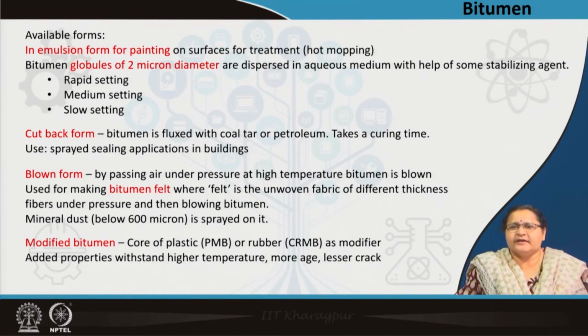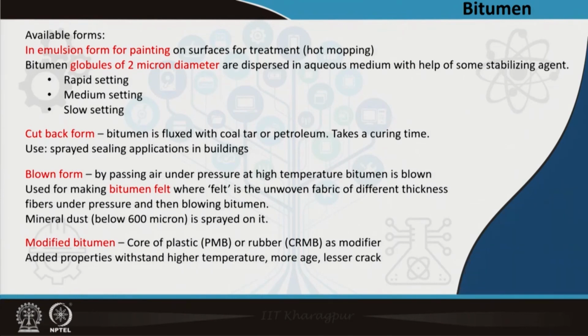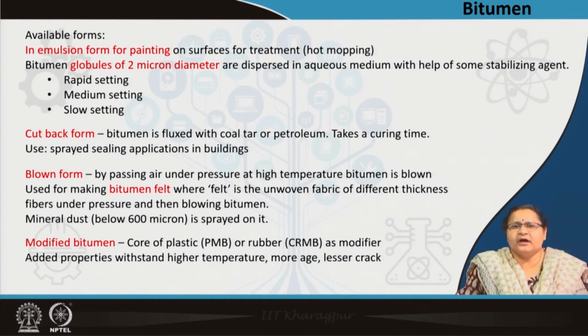It is modifying its capability to withstand higher temperature. It gets more age, it experiences lesser cracks. These are used mostly on roofs or maybe on road surfaces, where it is continuously exposed to high temperature. So, that is modified bitumen.